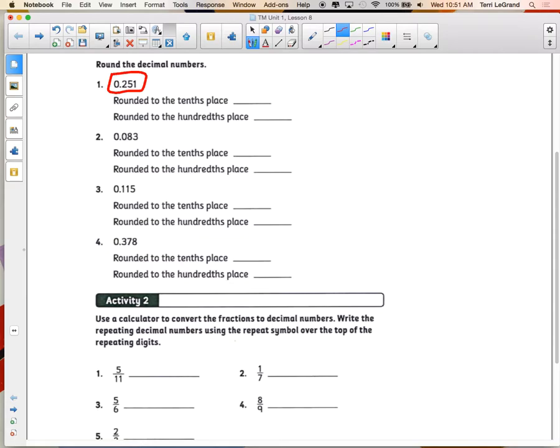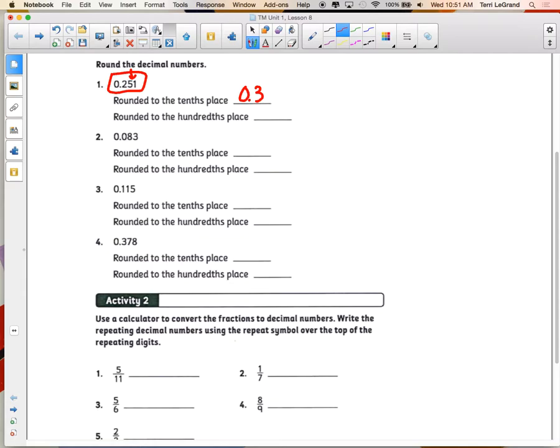If we're going to round to the tenths place, which digit do we care about? 5. Okay, so we're going to look at that 5 first of all, and we're going to say, is that 5 big enough to make the 2 a 3? Yes. Okay, so we're going to say it is 0 and 3 tenths. We're rounding to the tenths place.